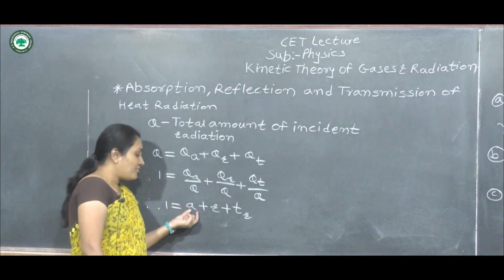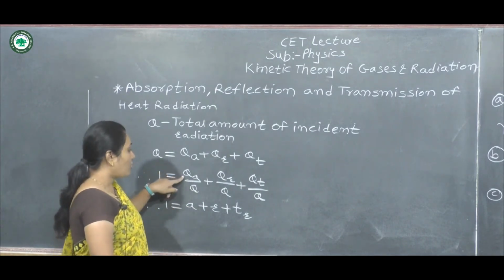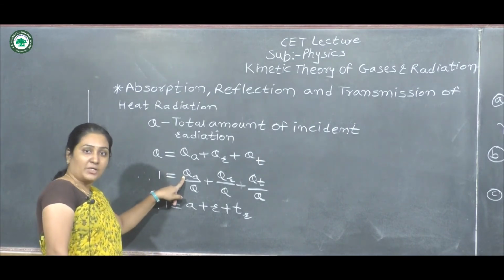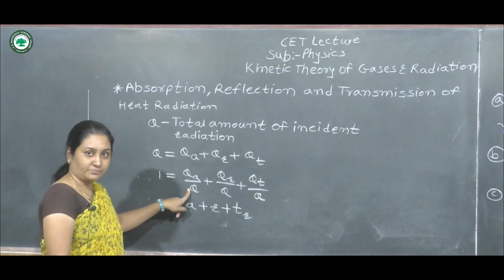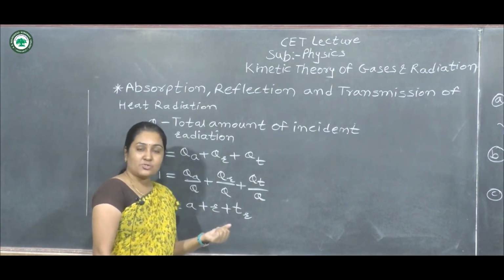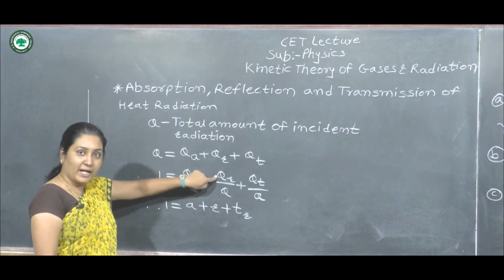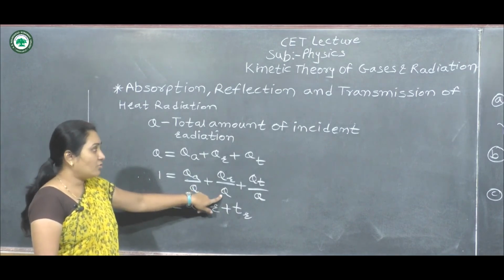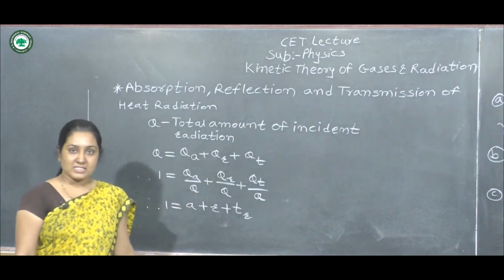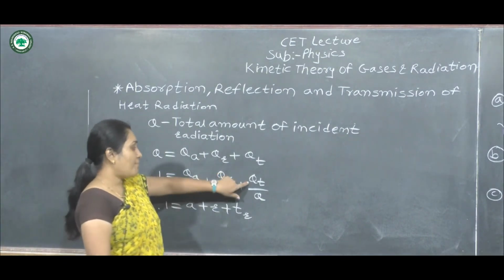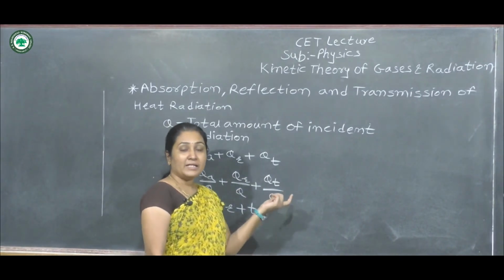Now, the coefficient of absorption is defined as the total amount of heat absorbed per unit total amount of incident heat radiation. R, the coefficient of reflection, is defined as the amount of heat reflected per unit total amount of heat incident, and TR, the coefficient of transmission, is defined as the amount of heat transmitted per unit total amount of heat incident.